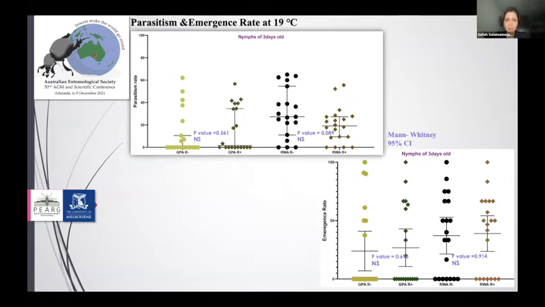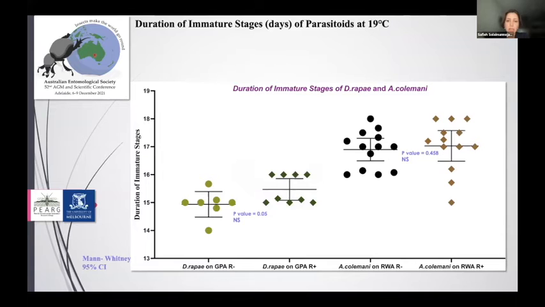For the second experiment, we chose nymphs of 3 days old to see if there's a difference in the parasitism rate and the emergence rate between the infected lines of the GPA and Russian wheat aphid with Rickettsia compared to the uninfected line. And we saw that there is no effect of Rickettsia this time, and no protection regarding the parasitism or emergence rate. Also there was no effect of Rickettsia on the duration of the mature stage of both rapae and colemani.